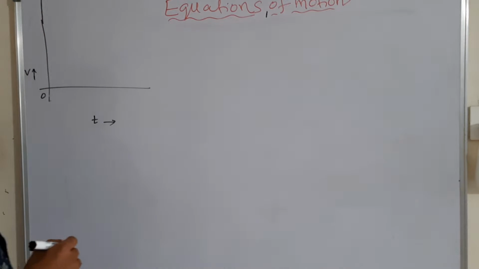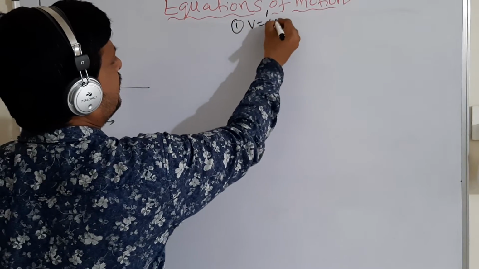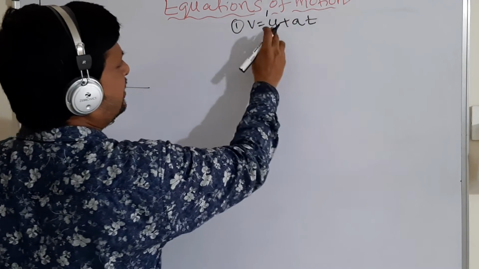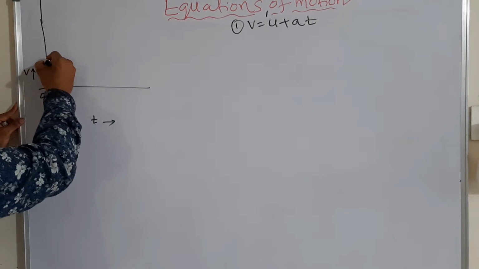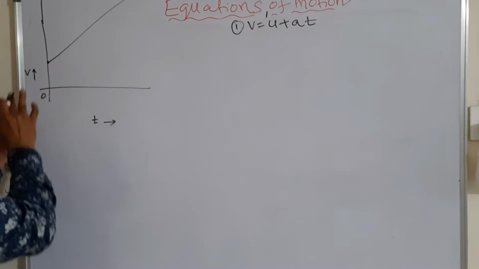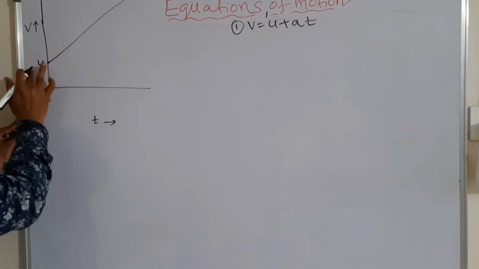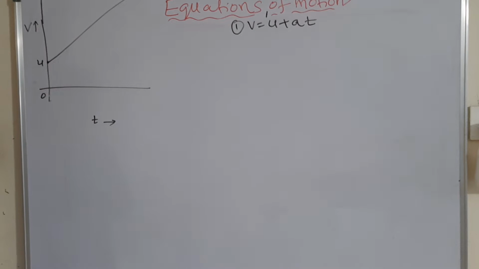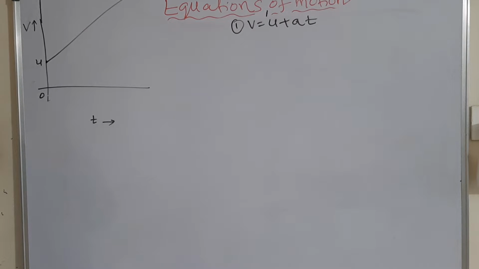Already you know the equation of motion, v equals u plus at. In this equation, u means initial velocity. That means when the body starts, it has some initial velocity, not 0. That's why the graph starts from here. This is the velocity time graph.